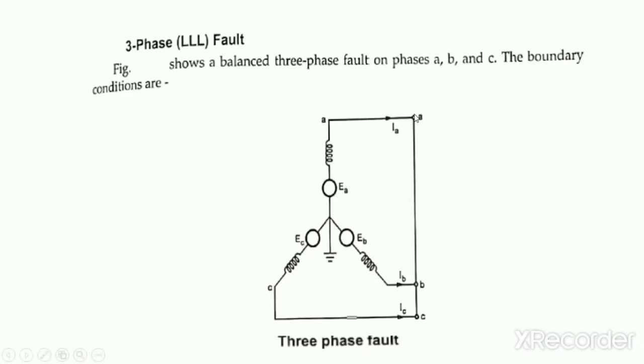If the fault is obtained in all the phases, therefore the fault currents will be equal to 0 for all the phases.